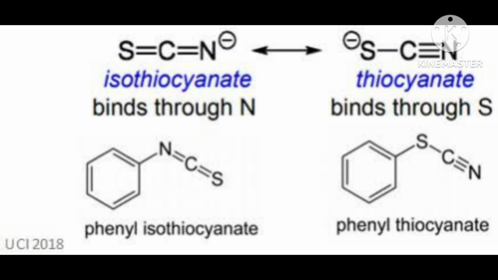In the same way for nitrite: if N is joining with the central metal, it is called nitrito-N.